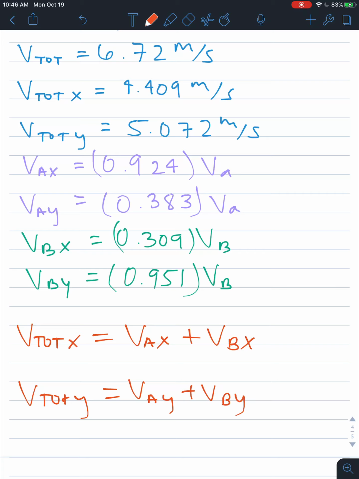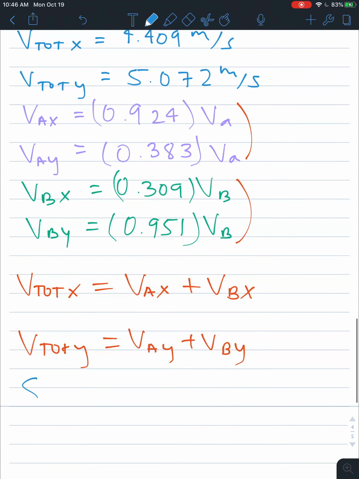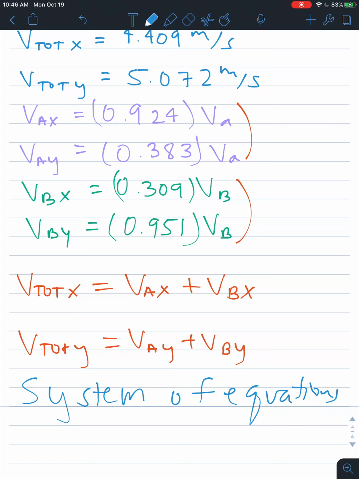And if we look, our BX and BY and AX and AY are both defined in terms of VA and VB, meaning we have two equations, two unknowns. So you're going to solve this using a system of equations.